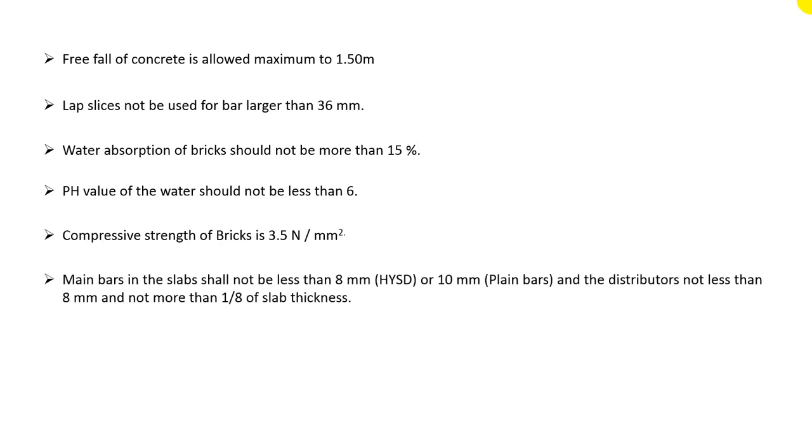Then the main bar in the slab shall not be less than 8 millimeter for high yield strength deformed bar, and 10 millimeter for plain bar. If we use plain bar, we have to provide a minimum bar diameter of 10 millimeter, and if we use high yield strength deformed bar, then we can use 8 millimeter, but not less than that.